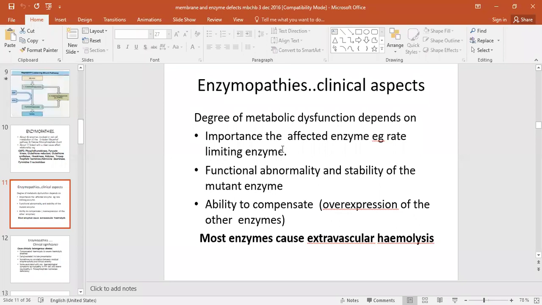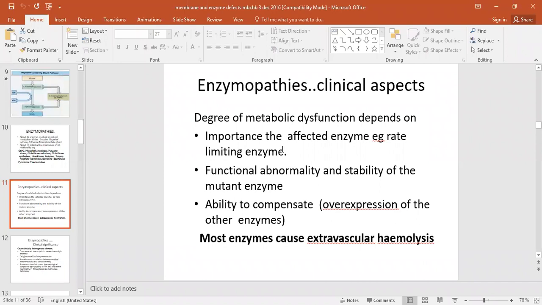The other one is the ability of the body to compensate. An enzyme could be affecting a specific outcome, but how does the body compensate for this particular expression of the enzyme? Most enzymes, as I did mention, are associated with extravascular hemolysis.